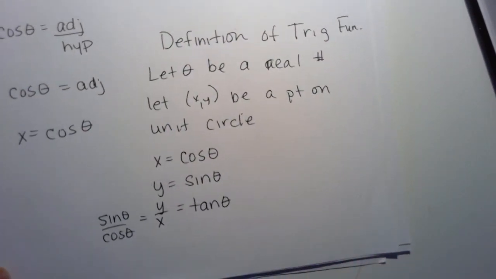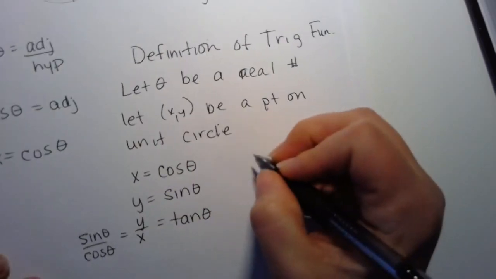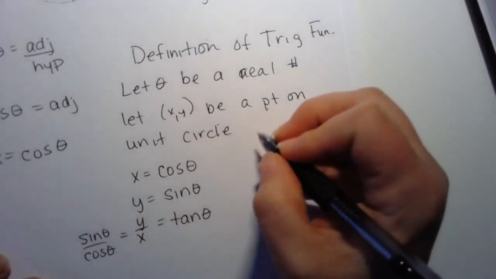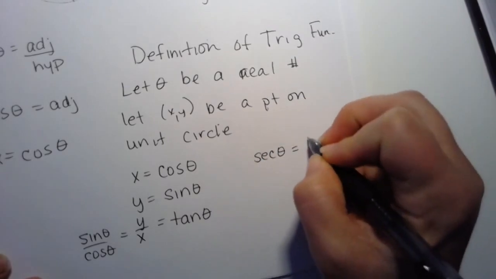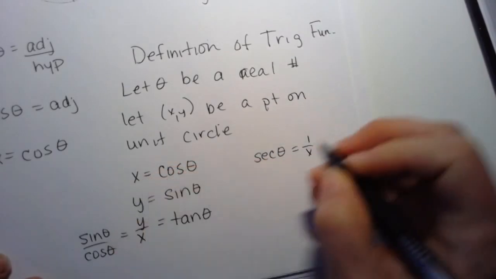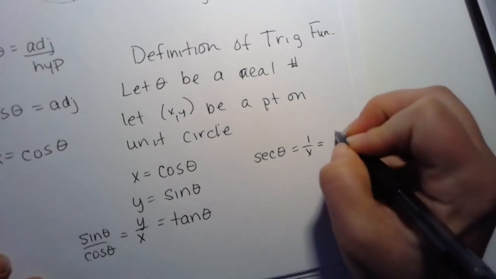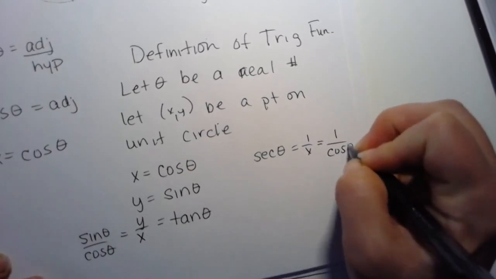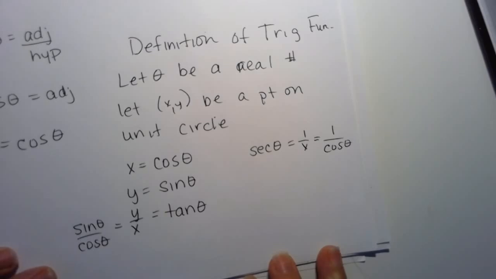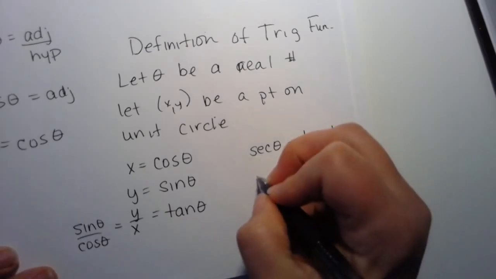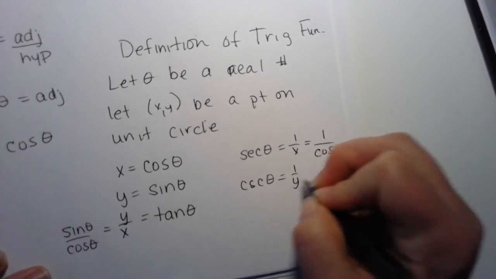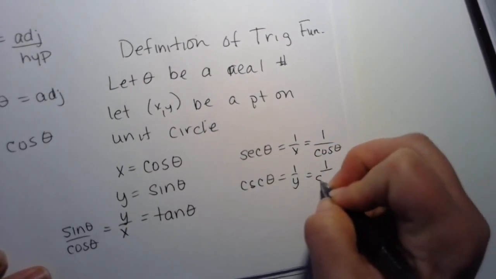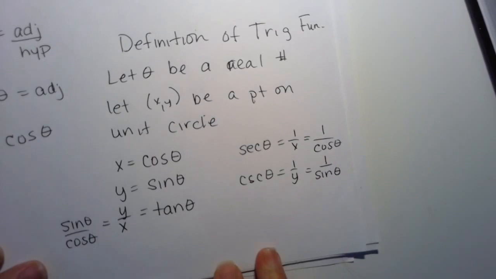All right, so my reciprocals over here: the reciprocal of cosine of theta is secant of theta. That is really 1 over x, or we can think of it as 1 over cosine of theta. Cosecant of theta is equal to 1 over y, or 1 over the sine of theta.